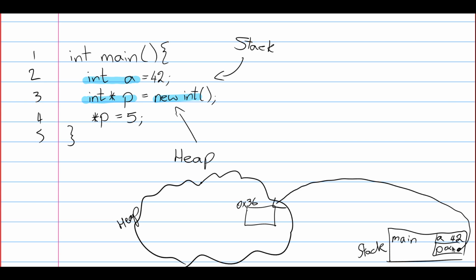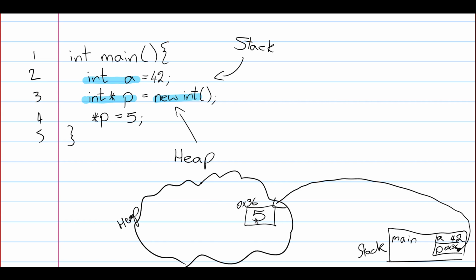So inside the pointer we save the value 0x36, and that means that that pointer is now pointing to that block of memory elsewhere. On line 4 then, when we say dereference p, so follow the pointer and then set the value to 5, what that means is look up the address stored in p, which is 0x36, then go to address 0x36 and save the value 5.